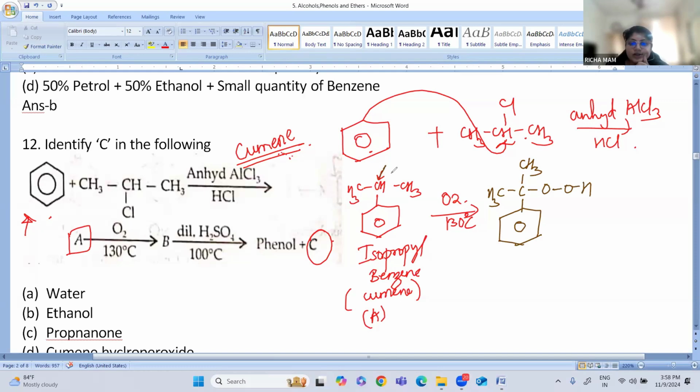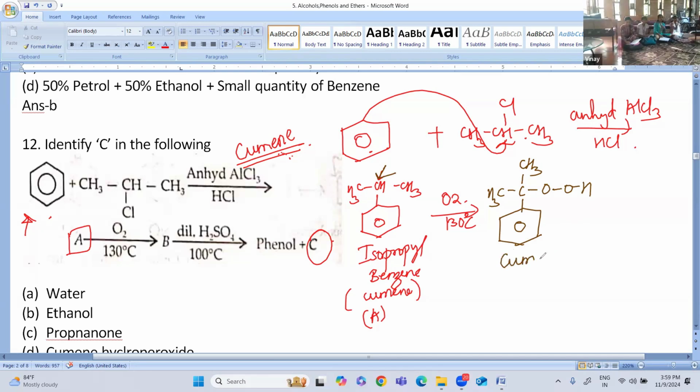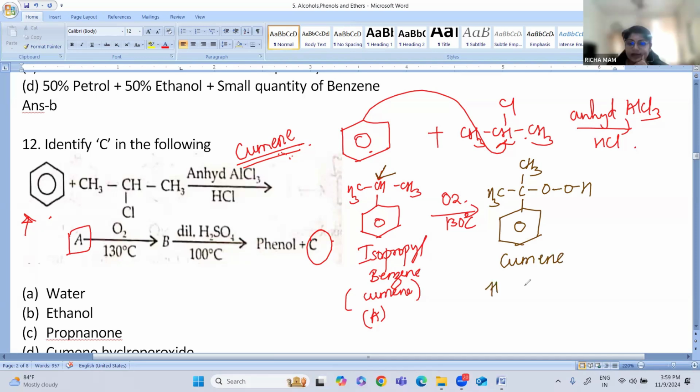So what is the name of this compound? This is called cumene hydroperoxide. Whenever you have an OO linkage, it is called a hydroperoxide linkage. So this is a cumene hydroperoxide, and this is our B.